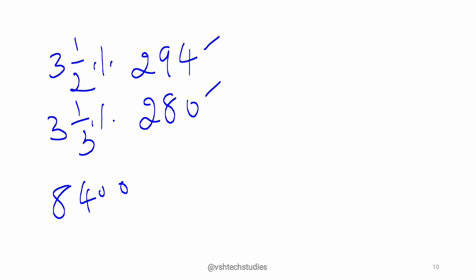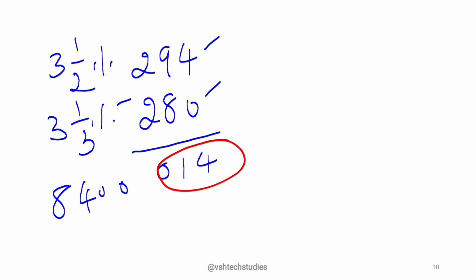So what is the difference between the two here? 294 minus 280: 4 minus 0 is 4, 9 minus 8 is 1, then 2 minus 2 is 0. So this is what is making the difference.